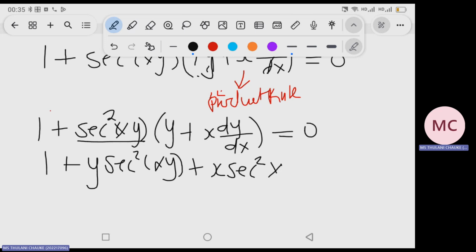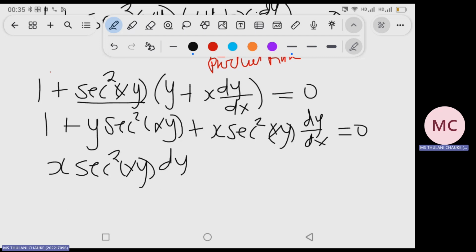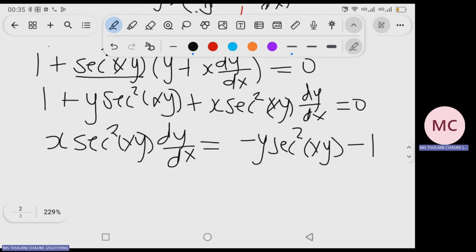Then you'll take the ones that do not have the dy over dx to the right. This will be equal to negative y sec squared of xy.